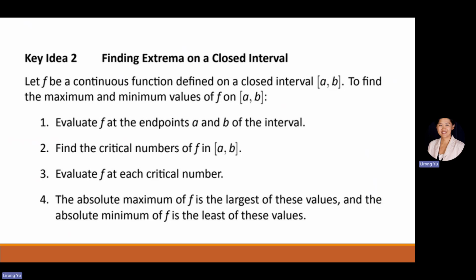Okay, so we devise this procedure: if you want to find the maximum value and minimum value of a continuous function on a closed interval, it's a really high requirement. You have to have a continuous function, you have to have a closed interval. Now, there are a couple of things you have to find out. You have to find the endpoints, like a or b. You have to find the critical numbers, which could be when the derivative equals 0, could also be when the derivative is undefined.